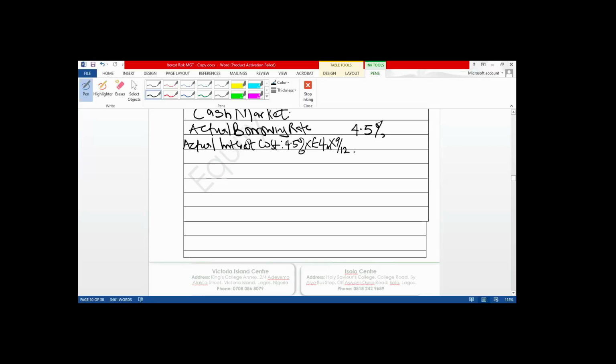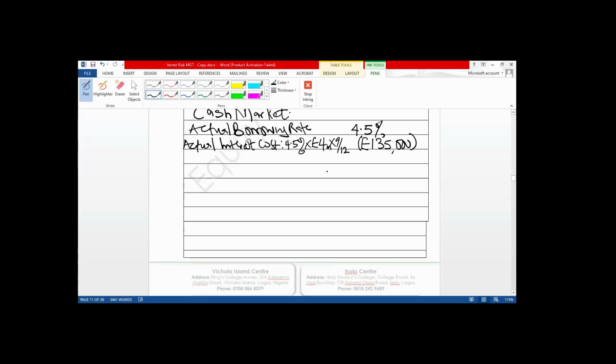How much, please? 135,000. So 135,000, in brackets. That is your actual borrowing cost, the amount you pay.